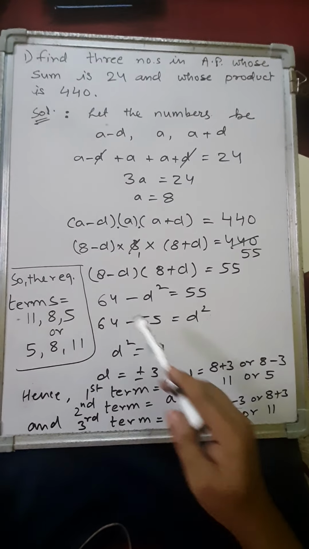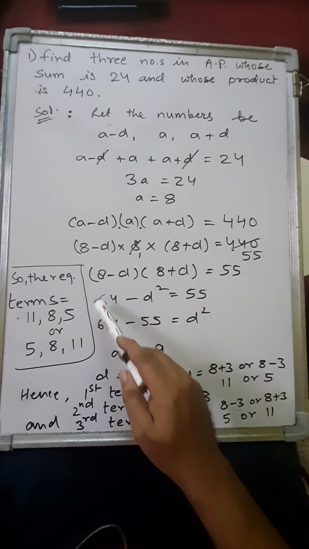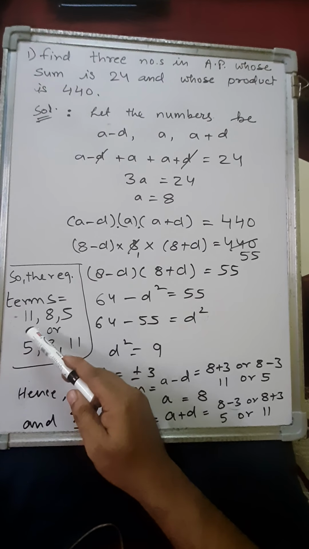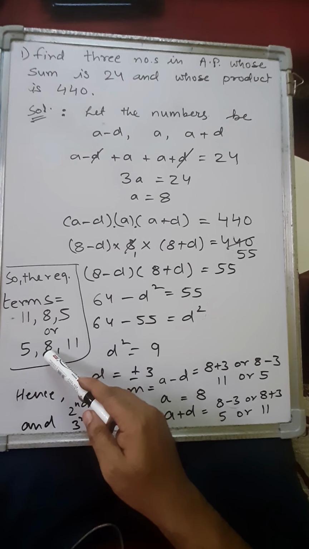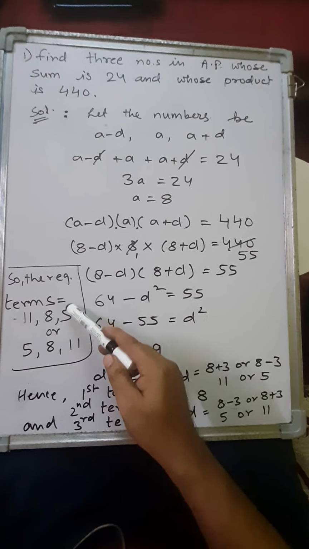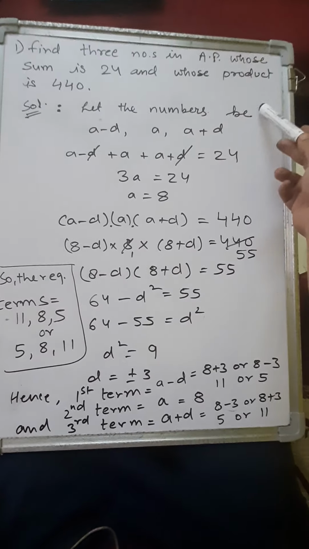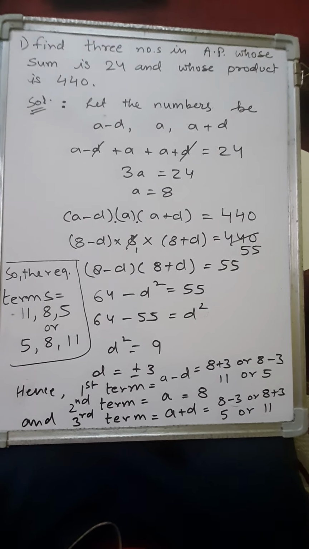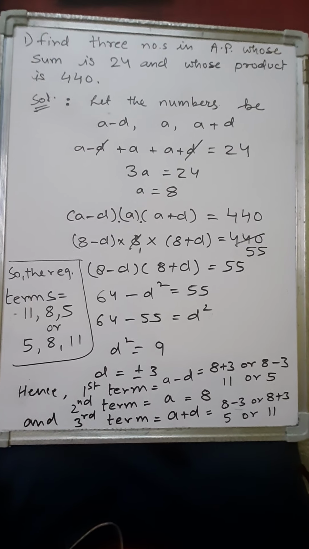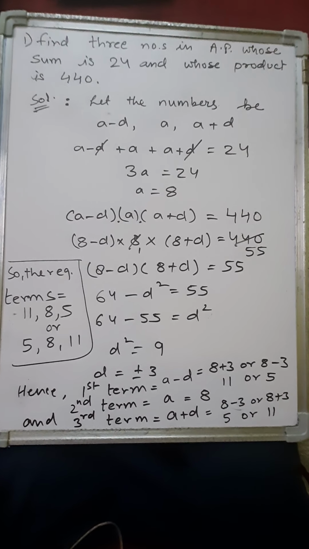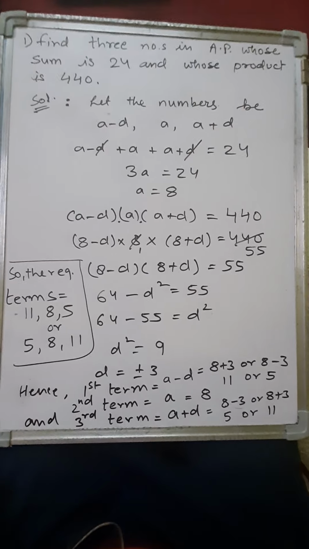So from here we can say that the required terms will be either 11, 8, 5 or 5, 8, 11. Both answers satisfy these two conditions. So the consecutive terms will be either 11, 8, 5 or 5, 8, 11. Right, children? Note down, please.